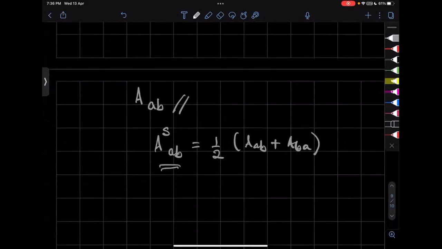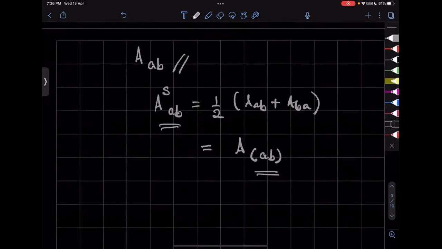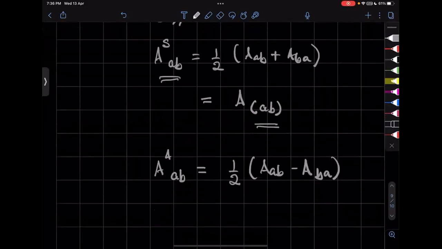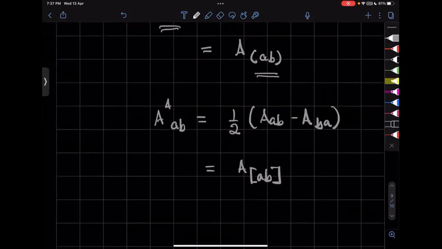This is also written with round brackets, A_(AB), which means symmetrization. You can also find another tensor which is antisymmetric in the indices, which is A_AB minus A_BA, and this is often written as A_[AB], with square brackets.